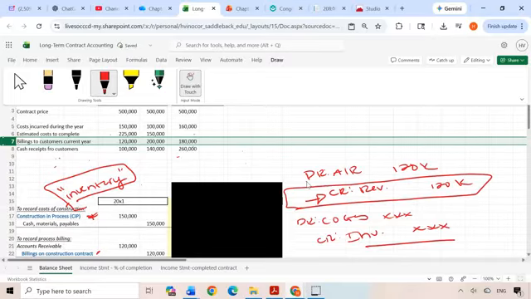But billings on construction contract is a contra asset account to the construction in process account. If you recall, a contra asset account has a different normal balance than a normal asset account. Its normal balance is a credit.